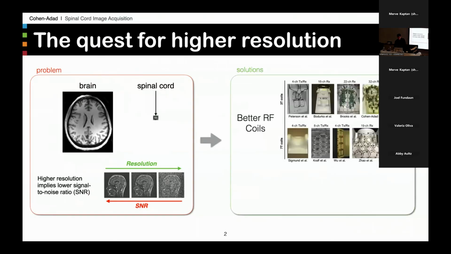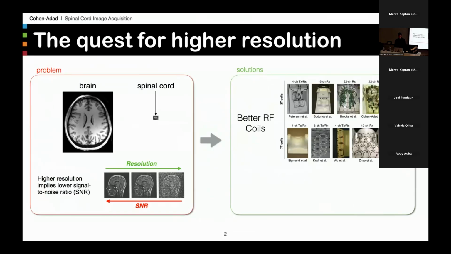In order to maximize the sensitivity, we could better engineer the receive coils that we put around the region of interest. And there have been quite a lot of different designs for receive coils in the spine area. So I encourage you to look at the different papers.